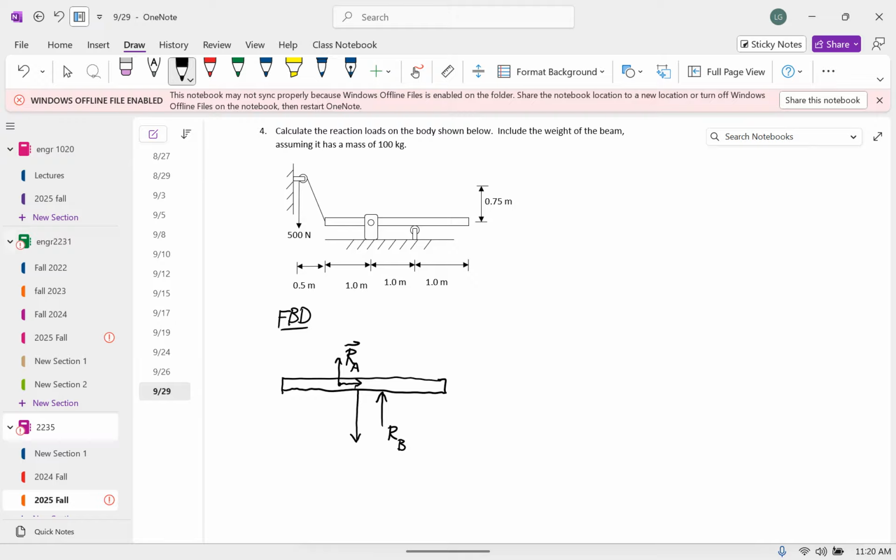And that acts at the center of mass. And so 100 times 9.81 is 981. And then the only other place the surroundings contact the body is where the cable contacts it. So it's this direction. The tension is the same all the way along the cable, so this is just 500.